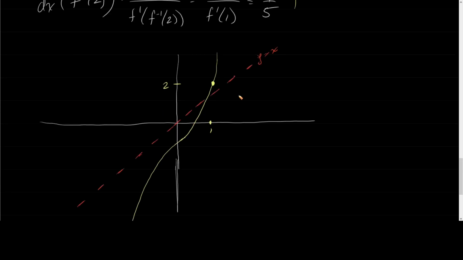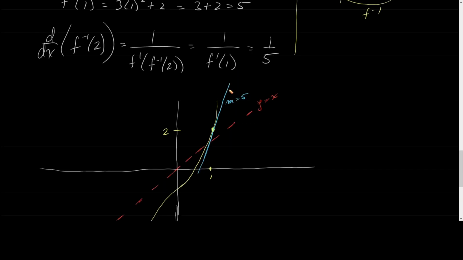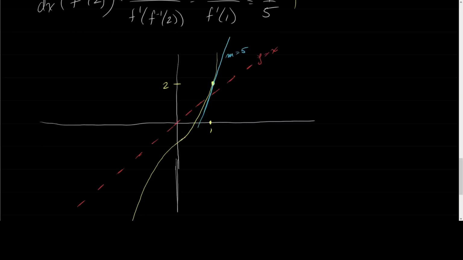What does that mean? That means that at the tangent line here, we've got a slope of 5. Well, let's draw this tangent line better. That's kind of better. So that has a slope of 5. That in yellow again was f of x.